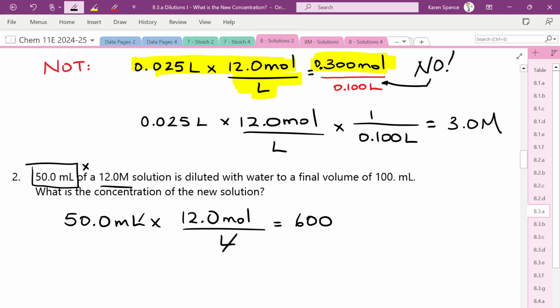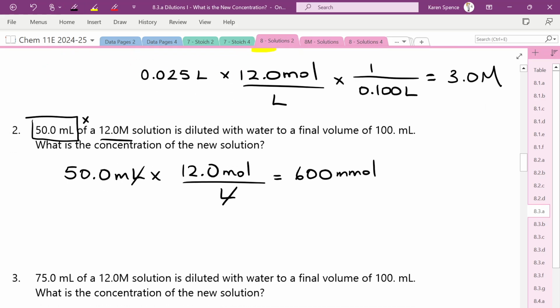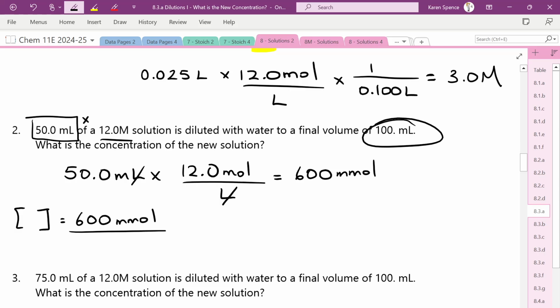My liters cancel out and I'm left with millimoles. Then I could take my 600, my concentration would be equal to 600 millimoles divided by my final volume, which is 100 milliliters. And now my millis cancel and I get 6 molar.